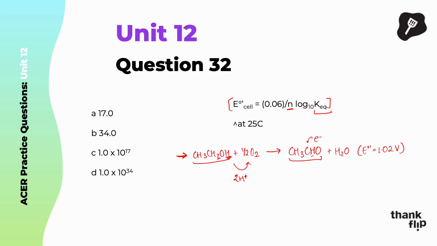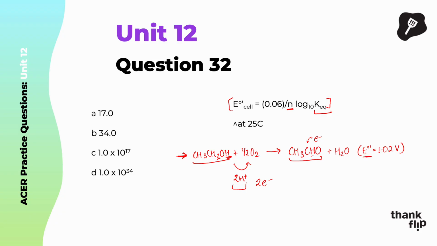For this question, I don't really need to look at exactly what's being reduced versus oxidized, etc. Right now, I'm only caring about the electrons, and for the sake of speed, I would look at 2 hydrogens and think 2 electrons and move on, okay? So then I would fill in the gaps.